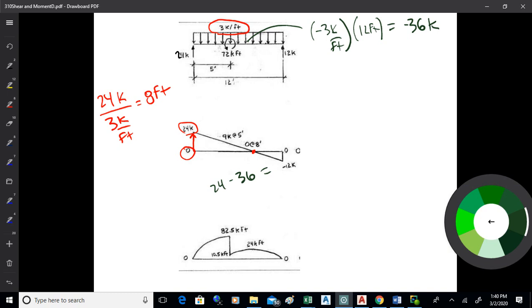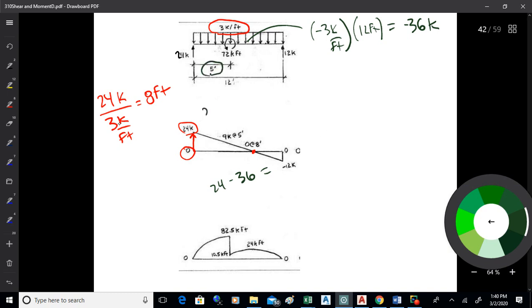Okay, another thing about that is that couple has no direct effect on the shear diagram. There's no discontinuity or change at the shear diagram there. Couples don't affect load and shear directly. Okay. Now it is going to affect the moment, though. So what I'm going to want to do here is I'm going to go, okay, I've got this couple 5 feet over.